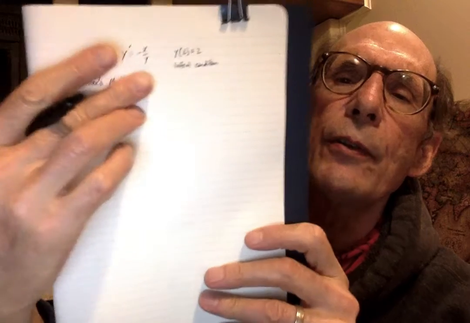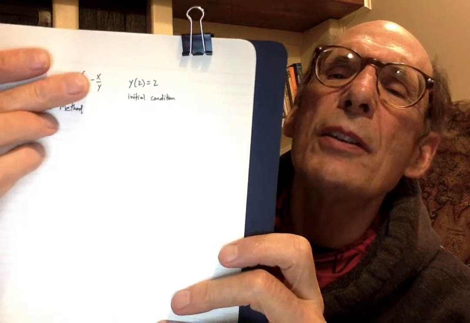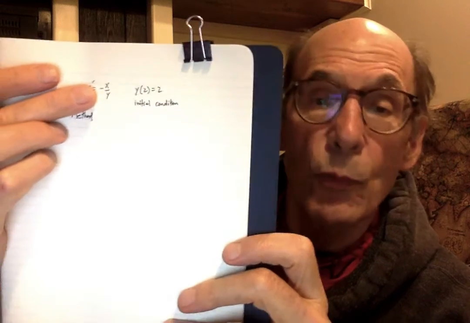So we're going to start at some point. People use subscripts here, and so I'm going to do that as well. I've got x0, y0, and so that's some point in the plane. So for example, (2, 2). And what we know here is the slope of the tangent line. So in this case, when x is 2 and y is 2, the slope of the tangent line is minus 1.